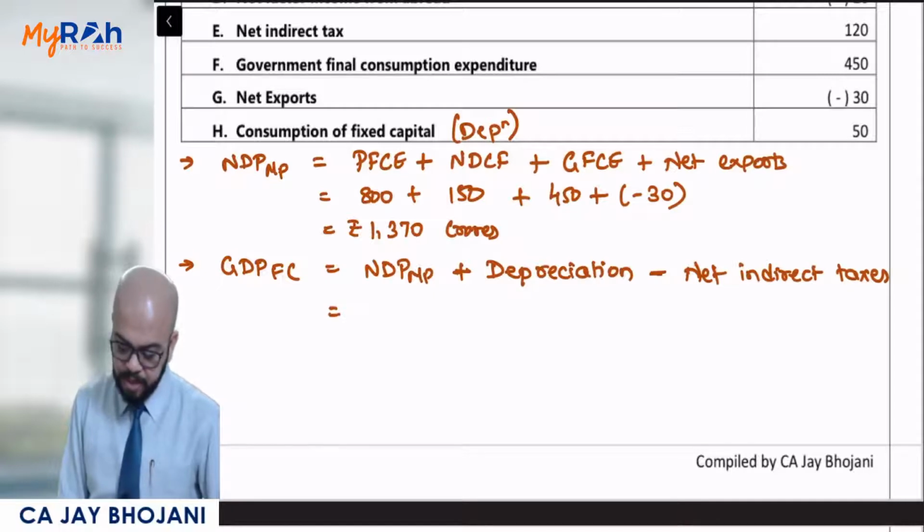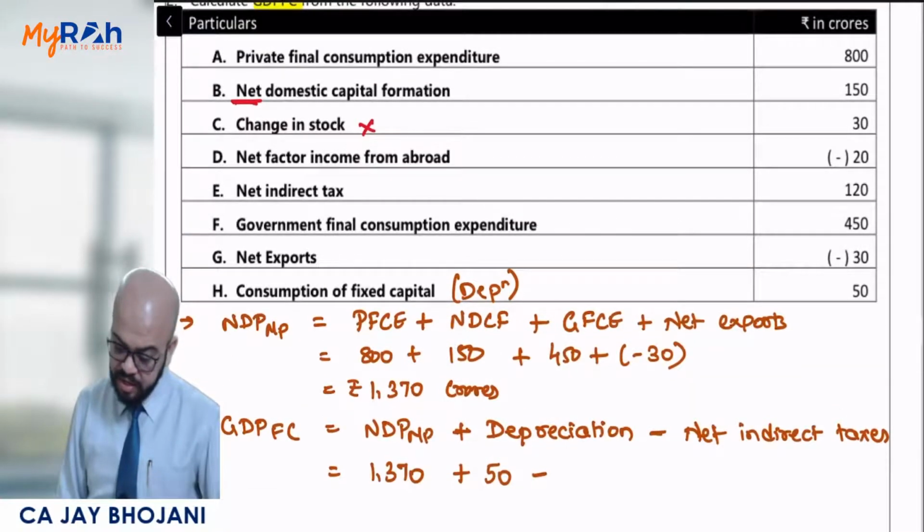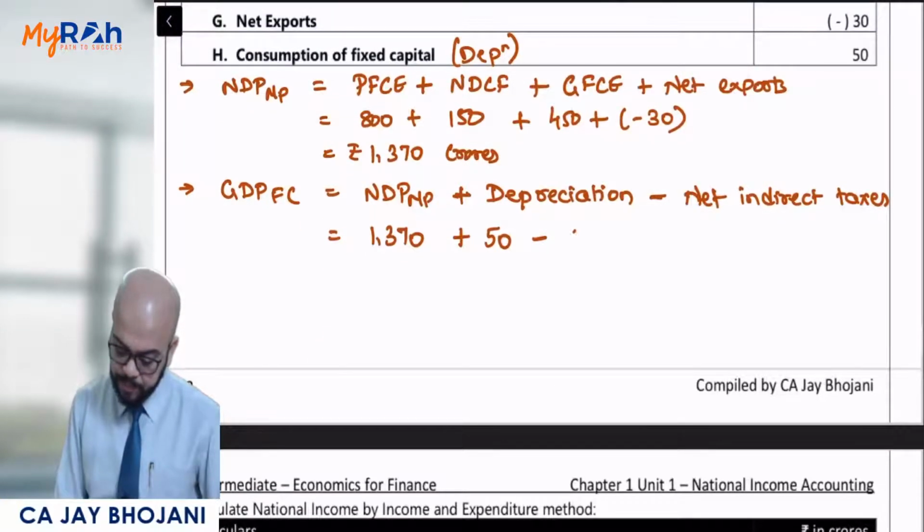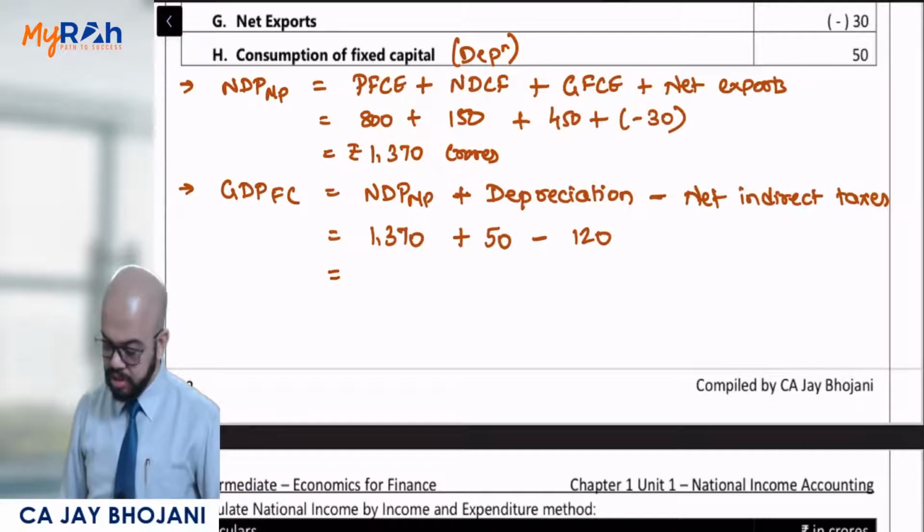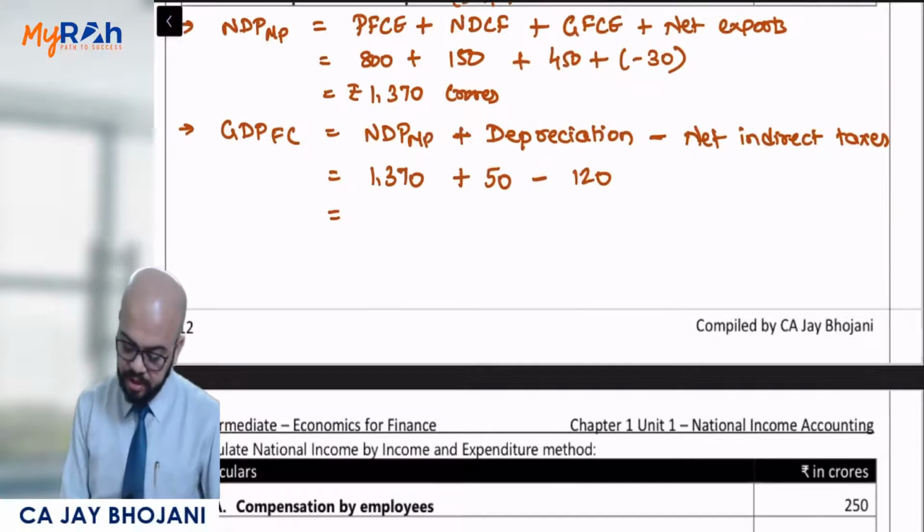So NDPMP was 1370 plus depreciation of 50 and minus net indirect taxes were 120. So see how much is this? 1370 plus 50 minus 120, that is 1300. So 1300 crores. This is your answer.